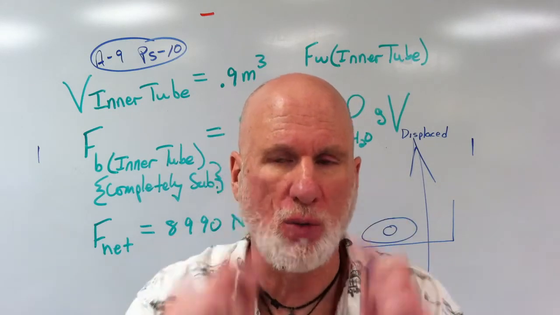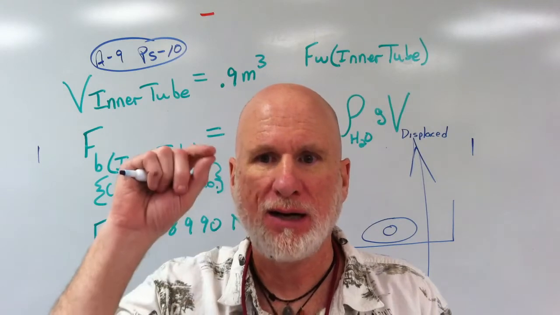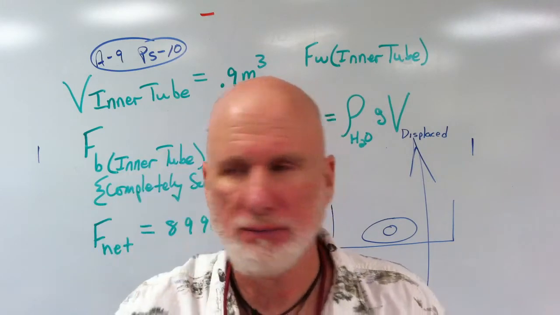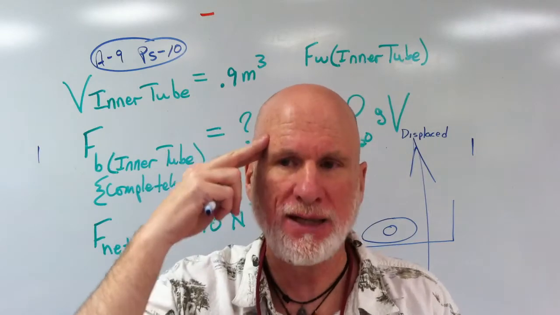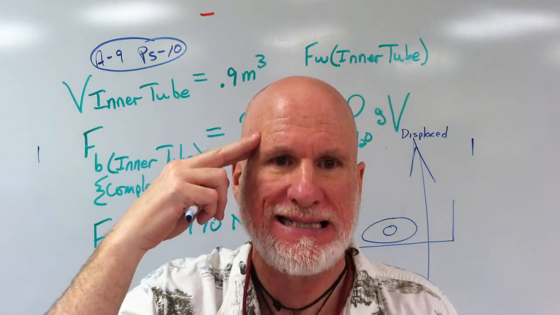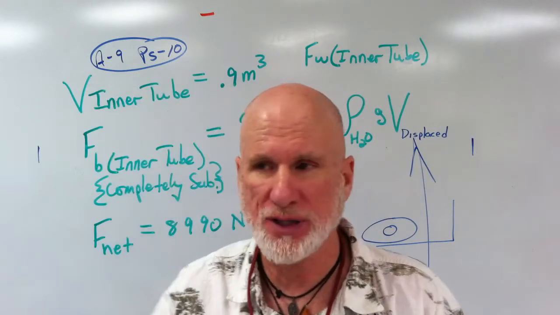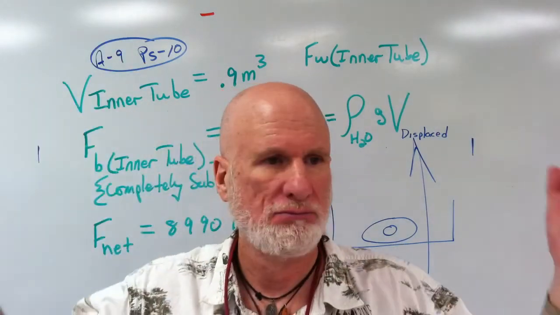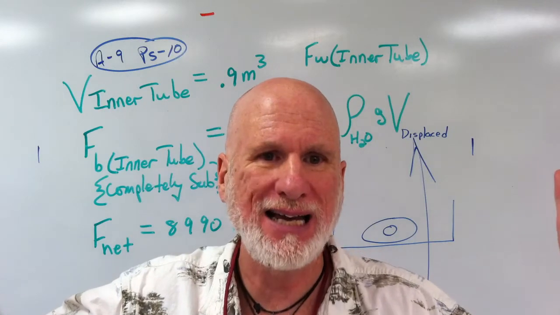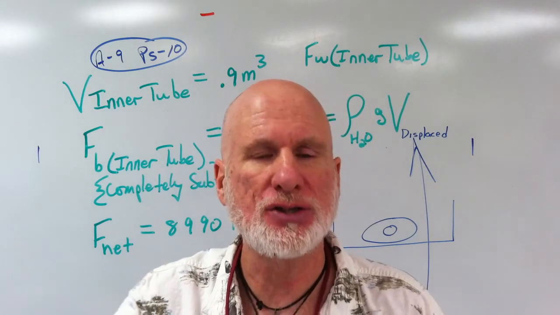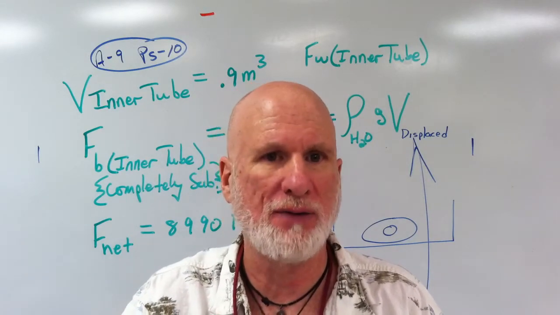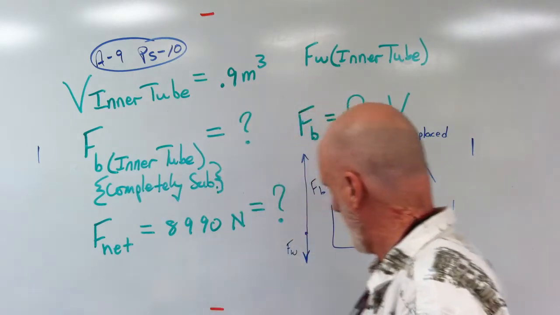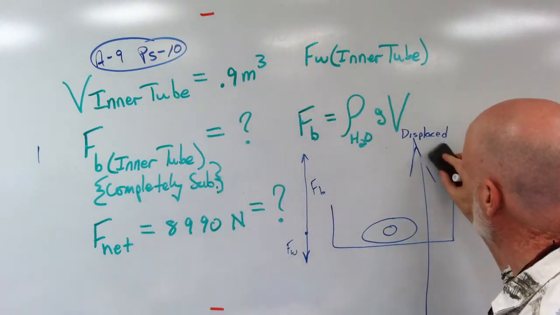The buoyant force can be whatever you want it to be. The buoyant force is always the weight of the displaced fluid. That's it. The weight of the volume of fluid displaced. That's what buoyant force is. So if I have the whole thing submerged, 0.9 cubic meters will be the volume of the fluid displaced.